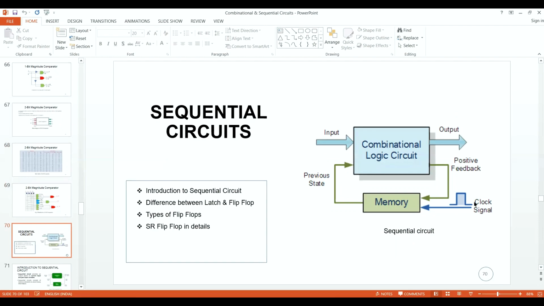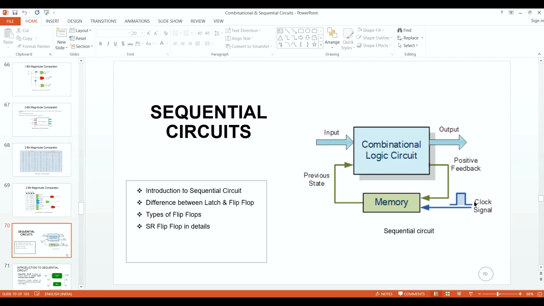So over here, students, I'm stopping this video, in which we discussed combinational circuits and how combinational circuits can be a part of sequential circuits. In front of you can see a sequential circuit in which the combinational circuit and memory are combined together, where the memory is a feedback and we are giving a clock signal, which can be synchronized or asynchronized, and on this basis we decide a sequential circuit.